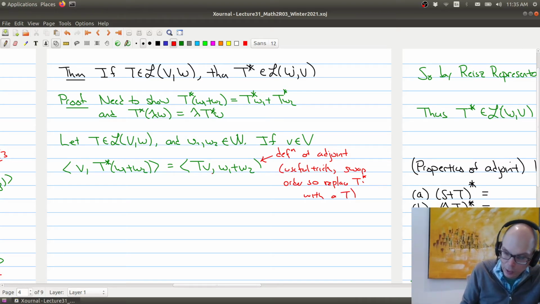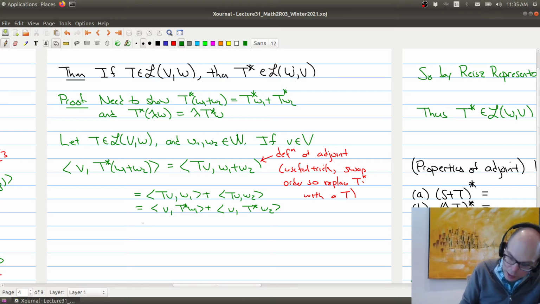Now we get this, using the inner product in W, and by the properties of inner products, we know that this is equal to the inner product of TV with W1 plus the inner product of TV with W2. This is properties of linear operators. And now we use the definition of the adjoint again. This is the same as the inner product of V with T star W1 plus the inner product of V with T star W2.